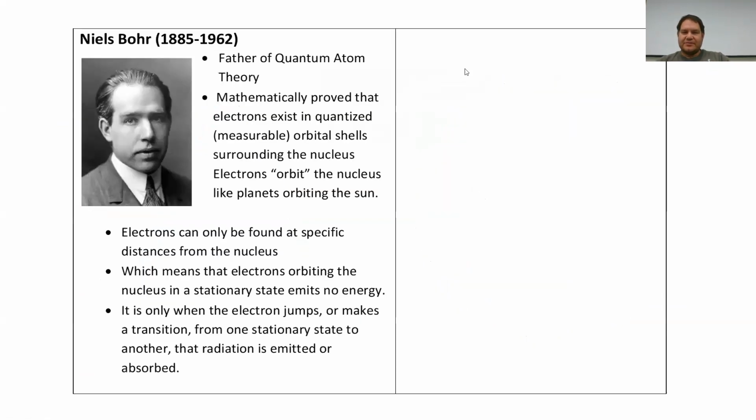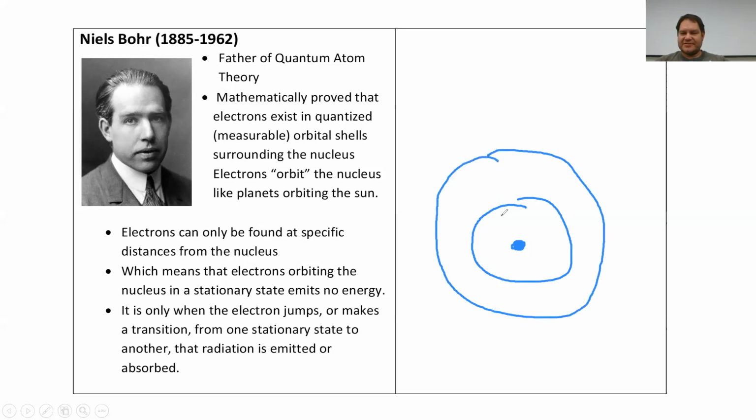So let's really quick overall summarize the Bohr model, since we're back here with Niels Bohr. Again, Bohr said, hey, there's a nucleus, Rutherford is right about that. And then the electrons can only be at specific distances from the nucleus, and these specific distances are known as energy levels.